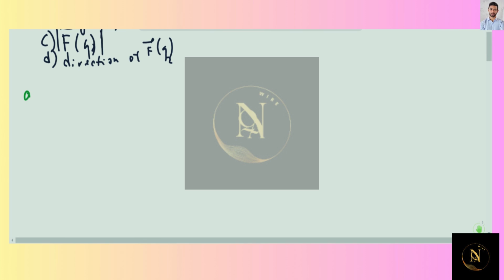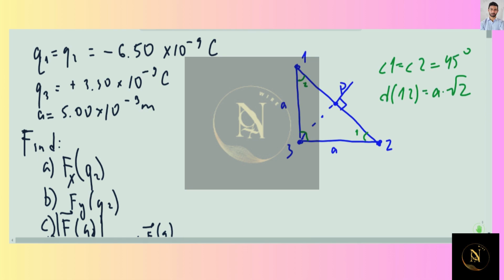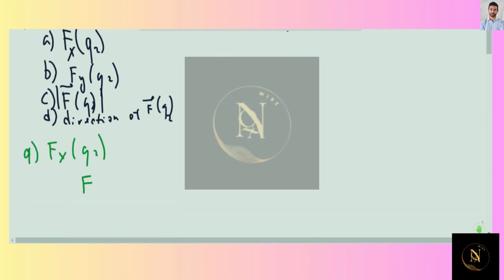So first, let's start with the x component which acts on the second charge. But first we have to write down the expression for the total force which acts on charge 2.